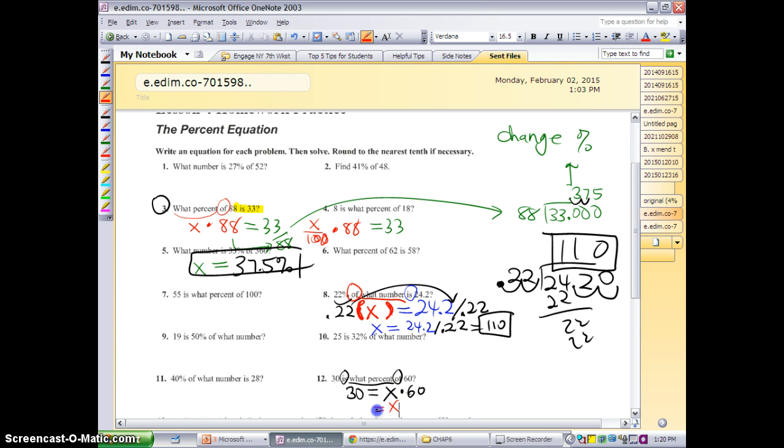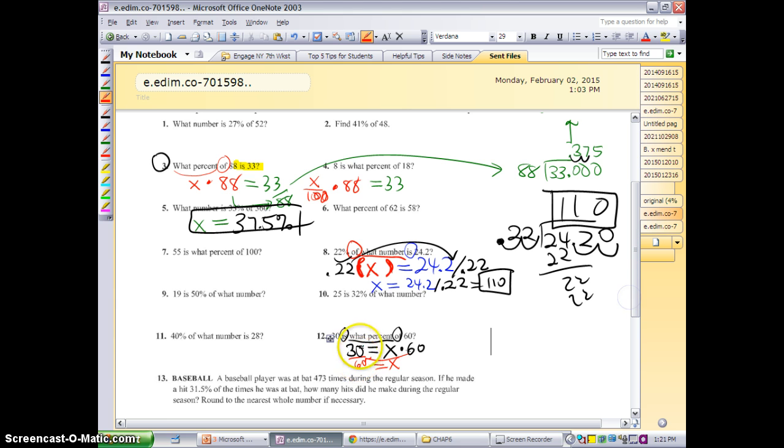So x is going to equal, move the 60 over here, divide it with 30. So 30 divided by 60. So x would be 0.5 or half. So what percent? I have to change half or 0.5 to a percentage, and that we know is 50%. So 30 is 50% of 60.